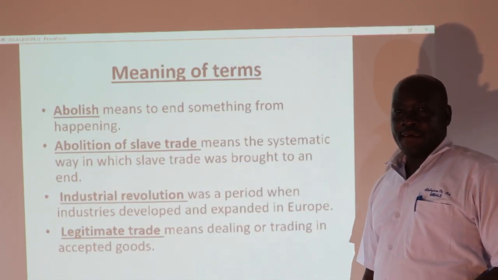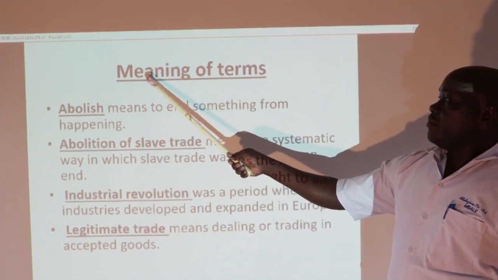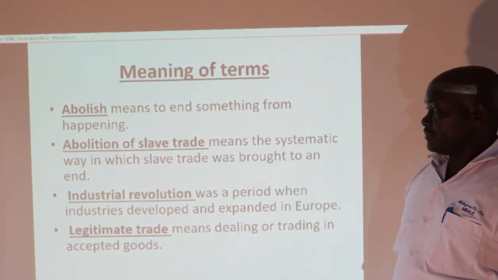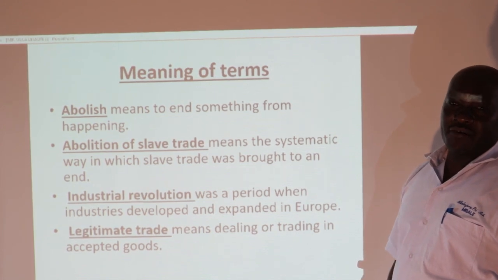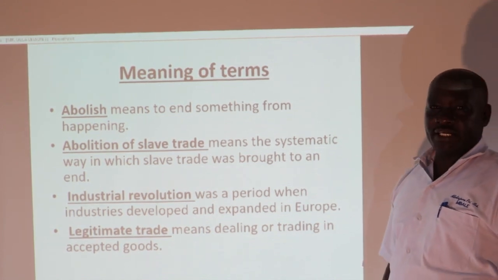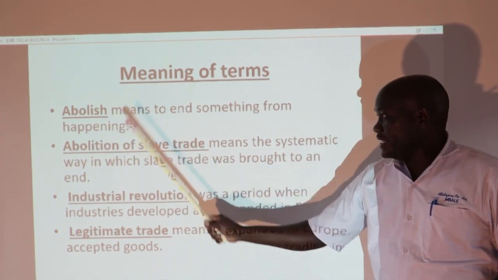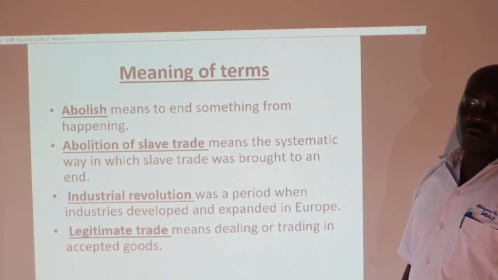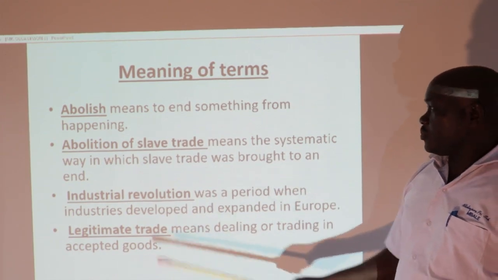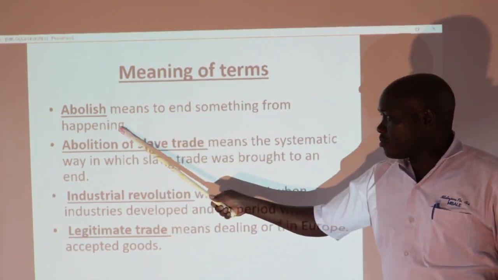So, here we have meaning of terms. Which terms you already have in your book? The first one is abolish. The word abolish means to end something from happening, or to stop something from happening.